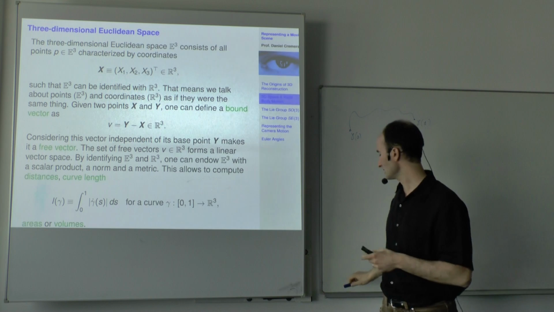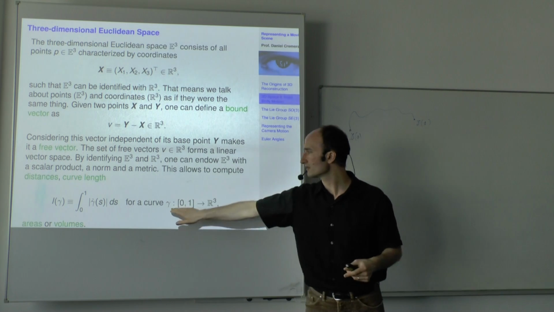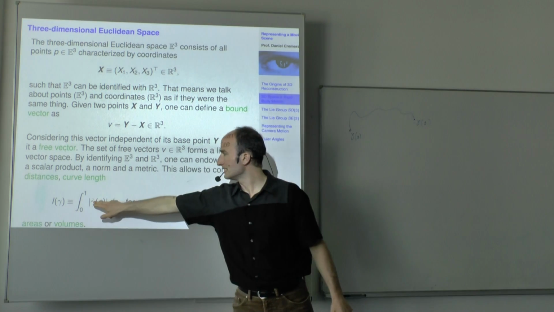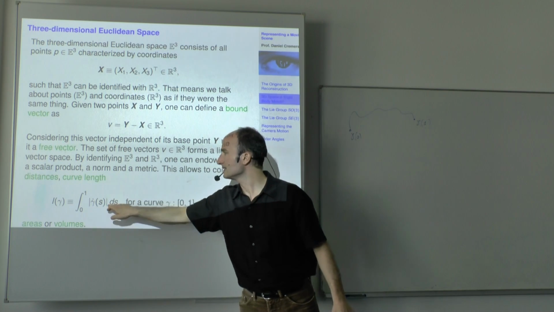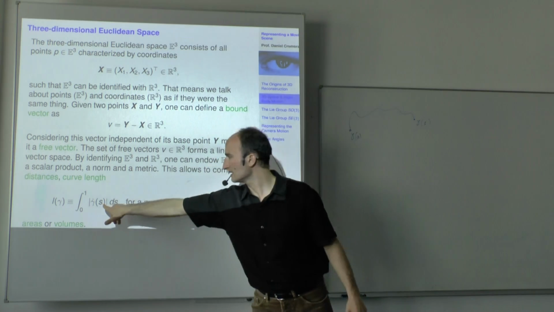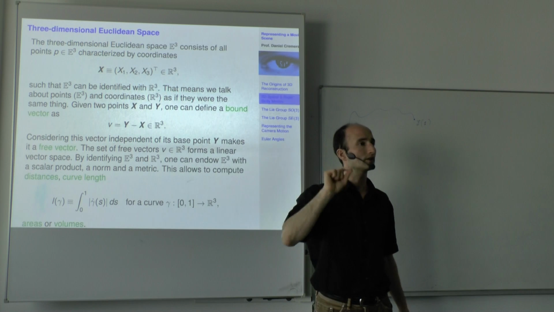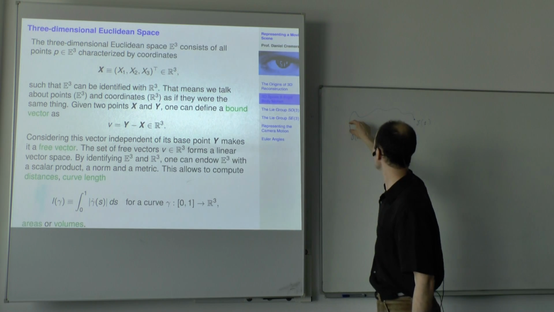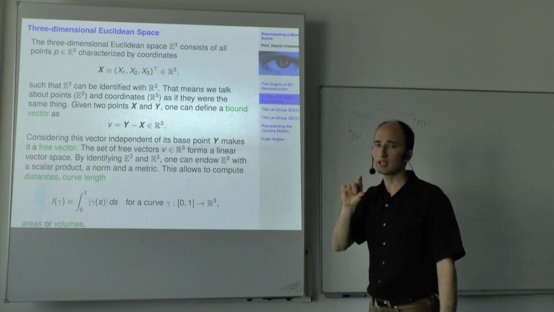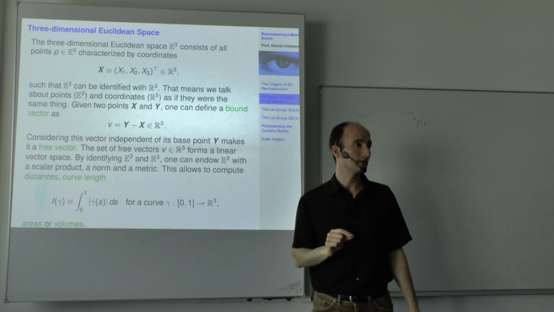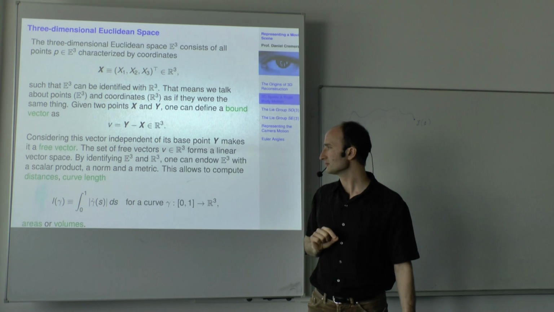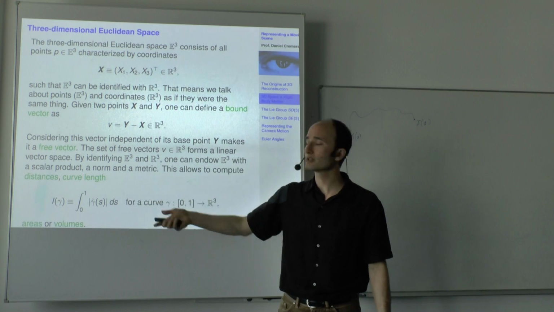The way we do that is once we have a parameterization of this curve, then we compute d gamma by ds and integrate the lengths of these infinitesimal elements over the entire curve. So basically we chop up the curve into lots of little elements and compute their infinitesimal lengths. And that gives us the overall length of a curve.